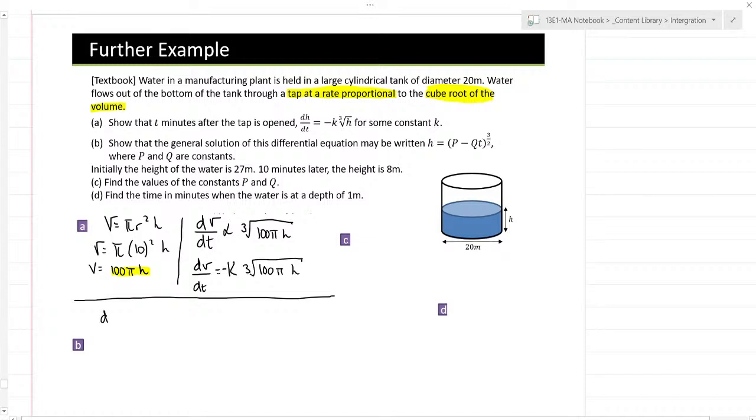So I'm going to write this as dv by dh is equal to dv by dt times dt by dh. Everybody all right with that? And then we'll use that at the end to flip this round, if that makes sense.